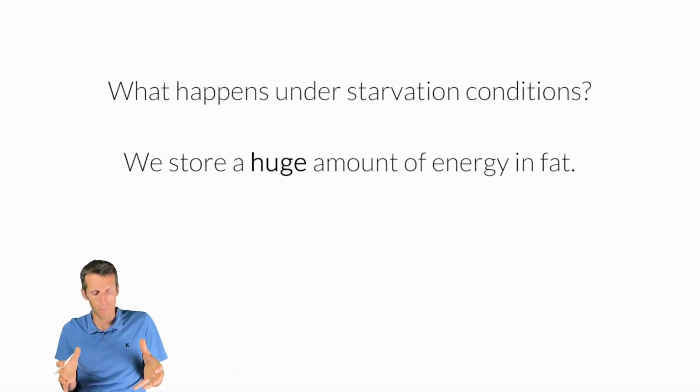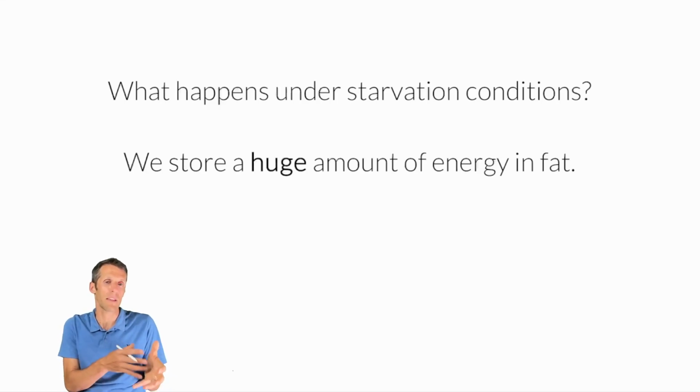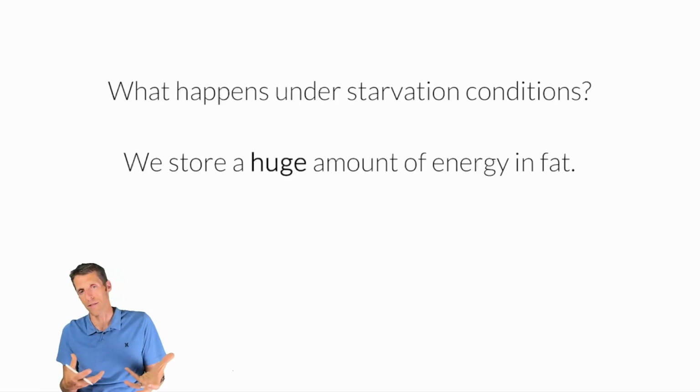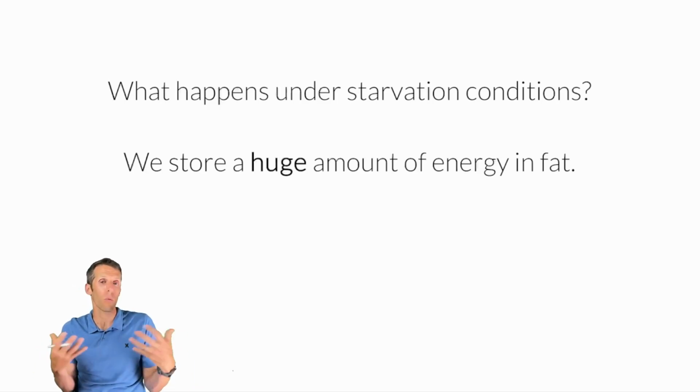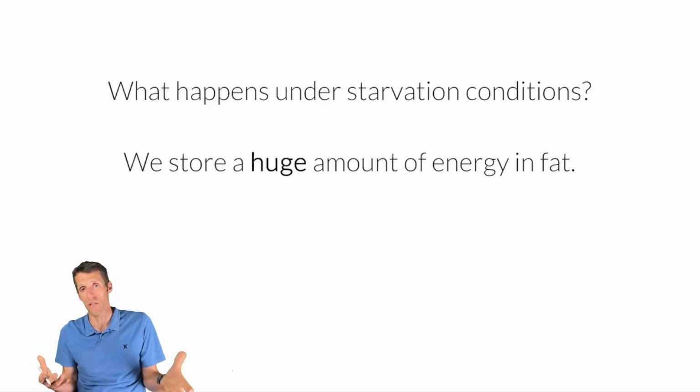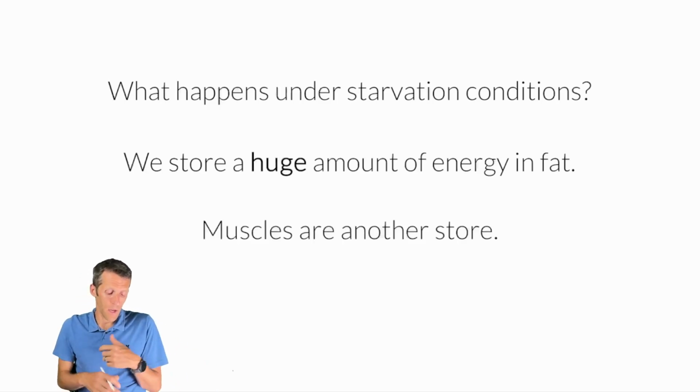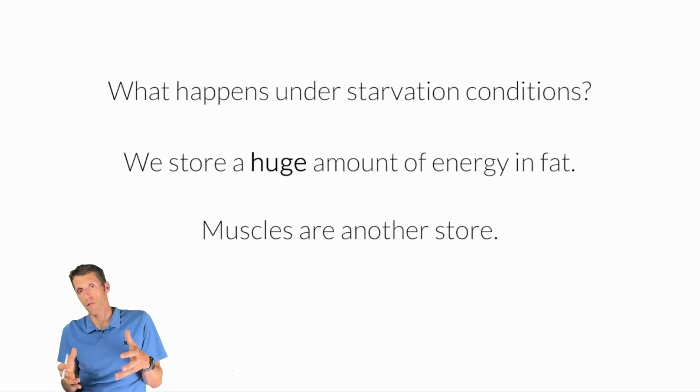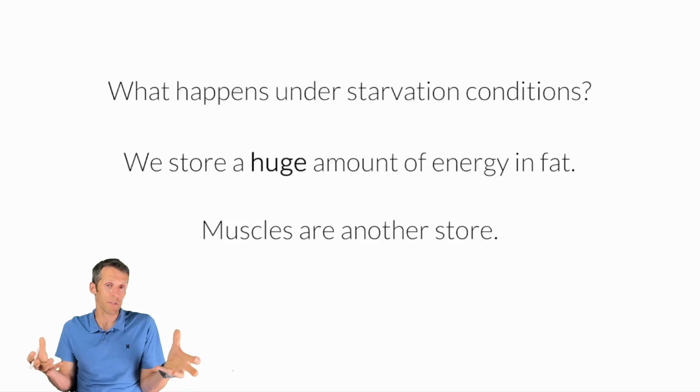So first, if you watched my video on fatty acid breakdown, we came across this interesting observation that fat is a very high energy dense material relative to, say, glucose. So if you just look at the normal fat stores we actually have a lot of energy that's available in there. If you don't eat for a long time, you can live for a very long time off of the fat that you have. The other primary store of energy is in our muscles, right? You think about all of the proteins that we have that are built up as muscles.